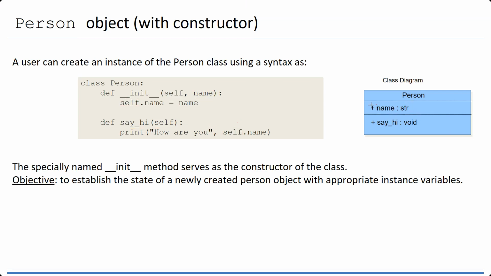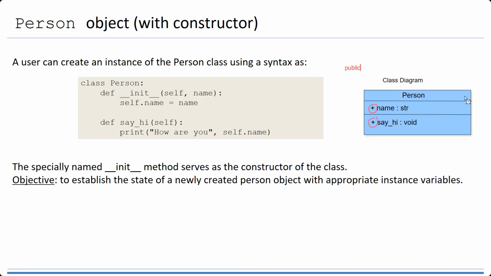And if you look at this one, at this moment, let's just use plus. Plus means public. So you can access the data whenever you call the data from the object, then you can get the data immediately.